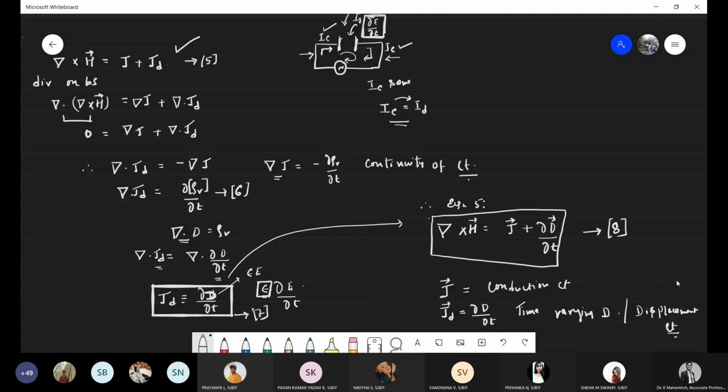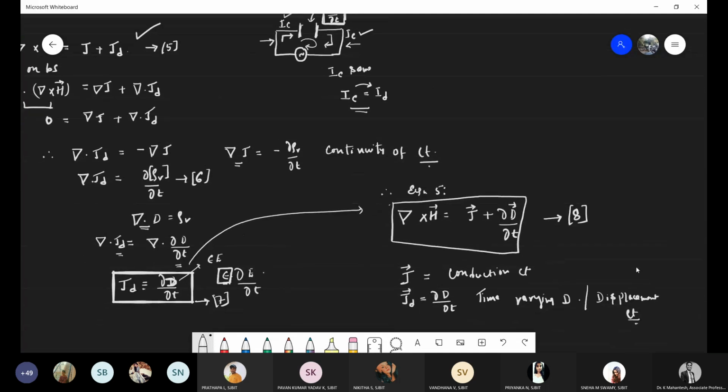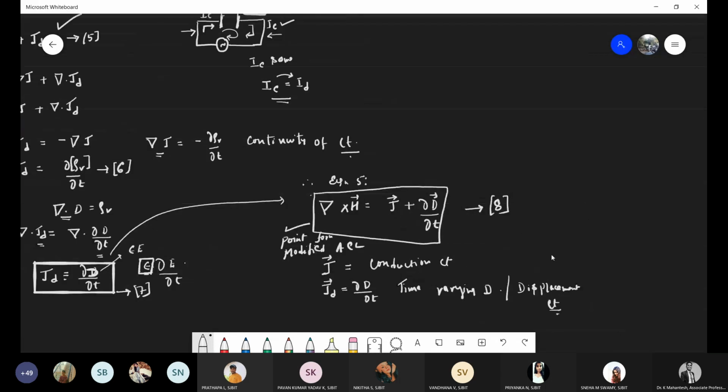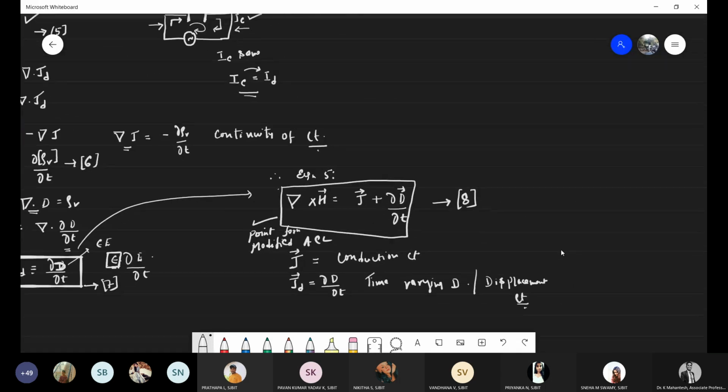Okay, so now this is a point form. Whatever we have obtained here is a point form or a differential form of a modified Ampere circuital law. Now, considering equation 8, we shall try to obtain the integral form.